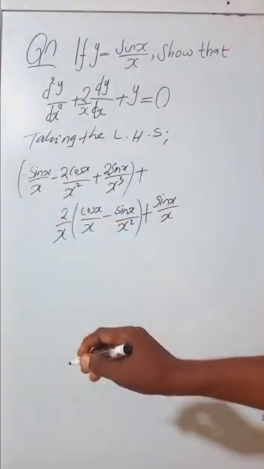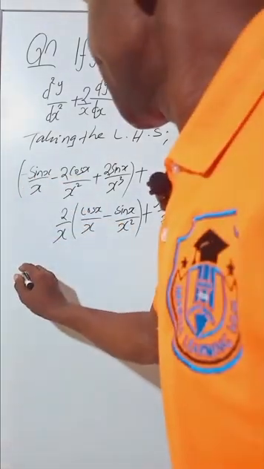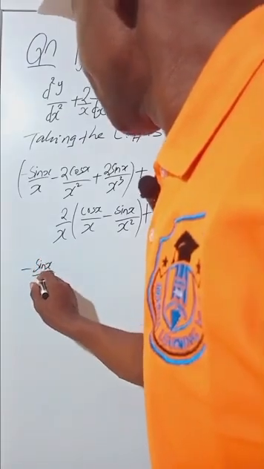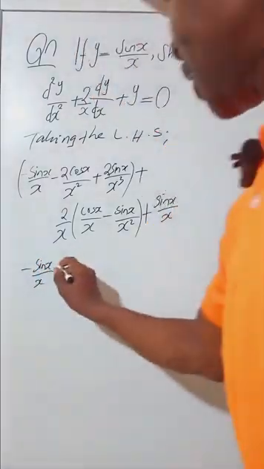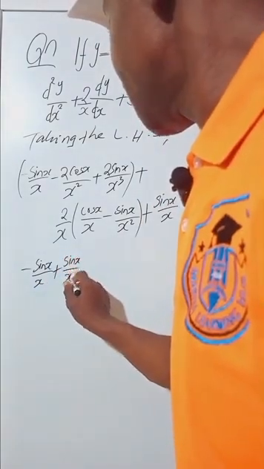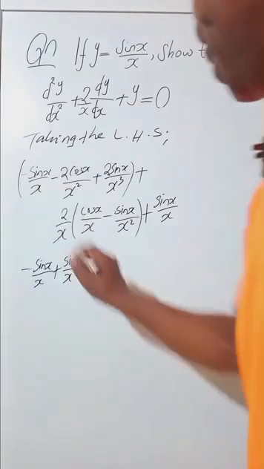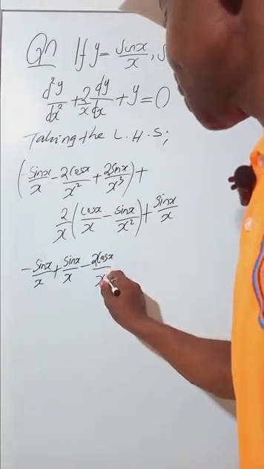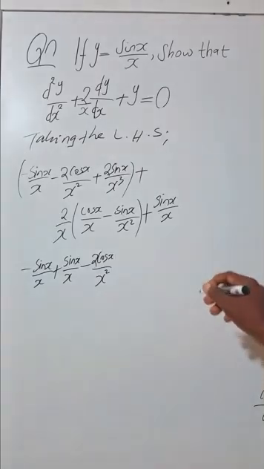So here on the numerator, the formats are different. We shall have sine x over x. Let's add to it the y, which is also sine x over x. Then there's this minus 2 cos x over x squared. Do we have another cos?